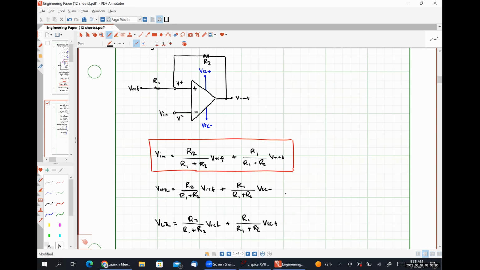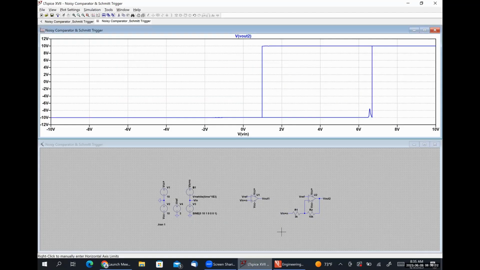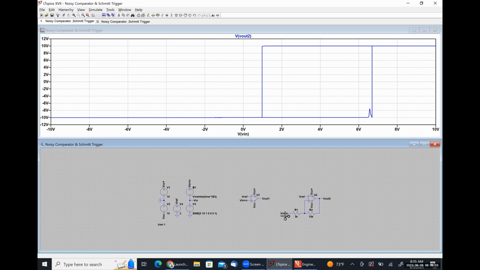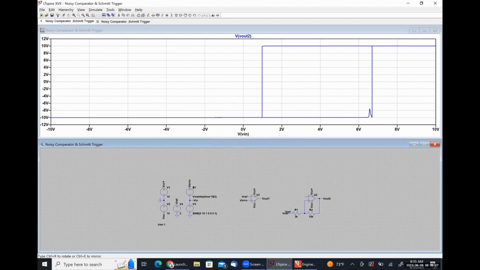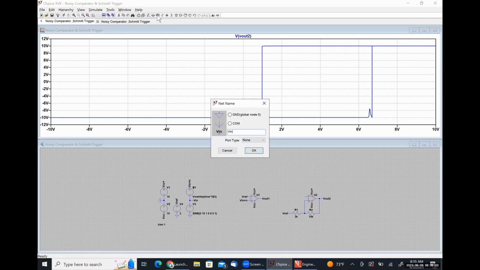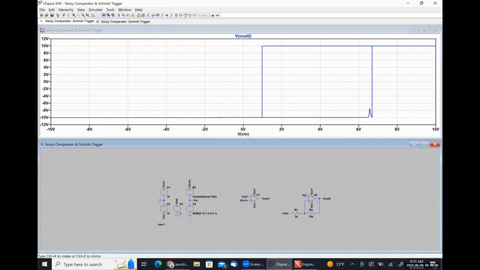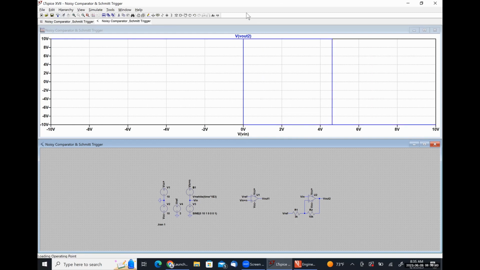If we go into LTspice and we swap where we're applying Vref and Vn, like so, and simulate, we get an inverted version of our Schmitt trigger response, right?